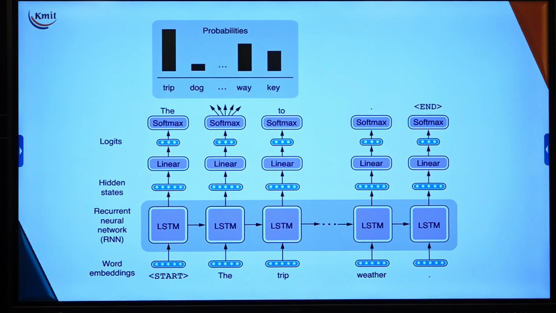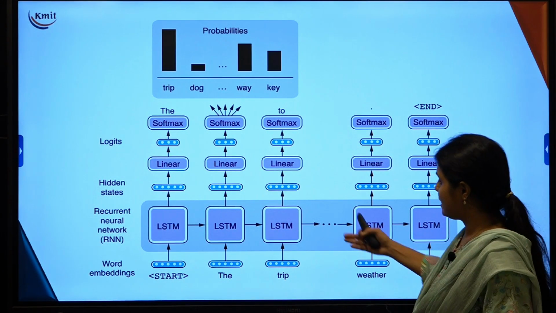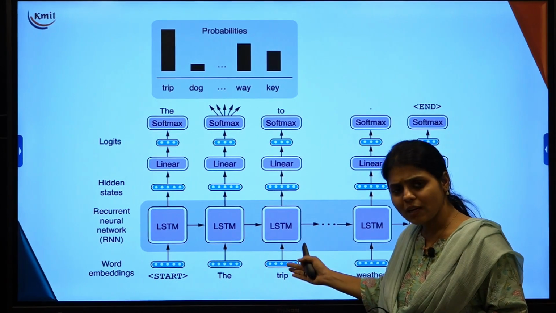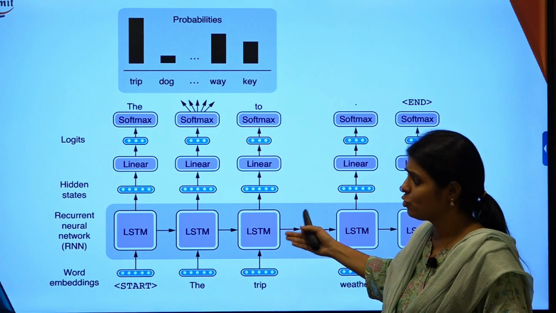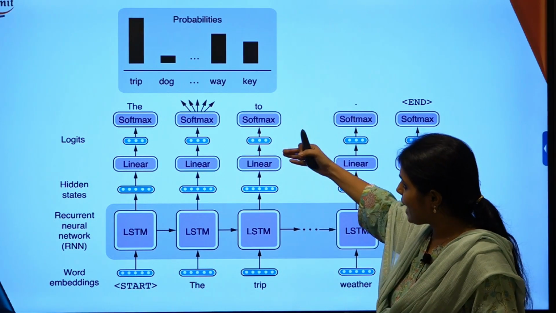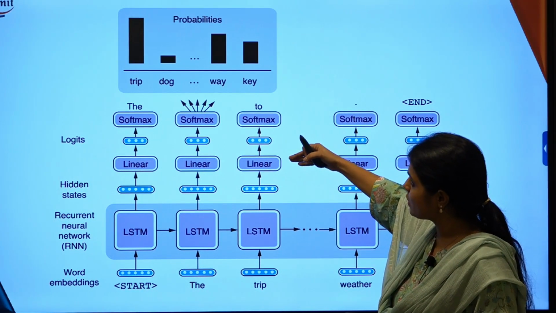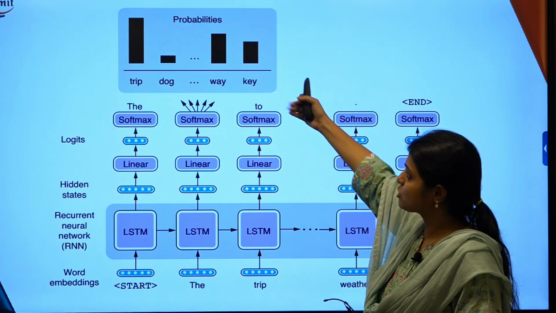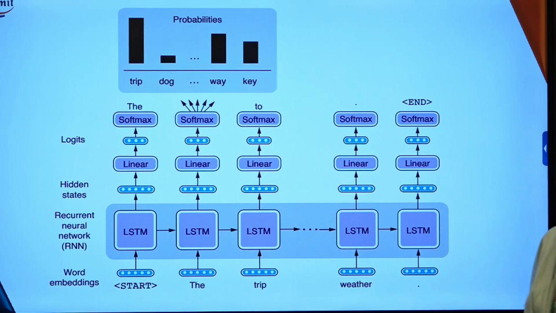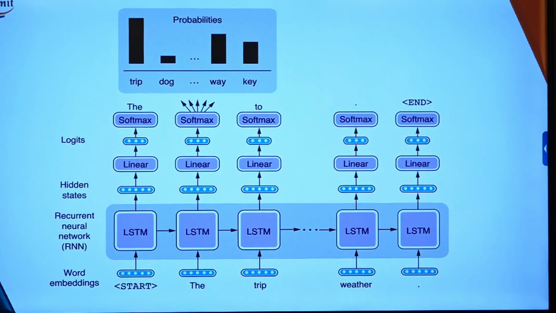This is the simple architecture of a language model. As you can see, we take the words into an LSTM; you can go for a simple RNN, LSTM, or GRU, any type of recurrent neural network. Then we add linear layers along with the softmax activation function, with which we can predict the probability of the word and its occurrence.